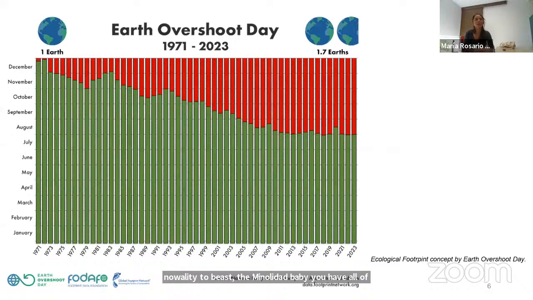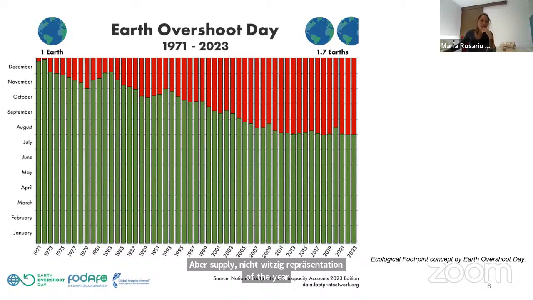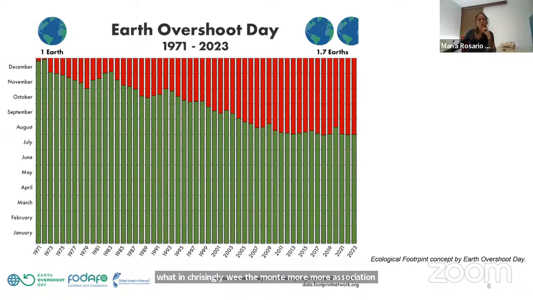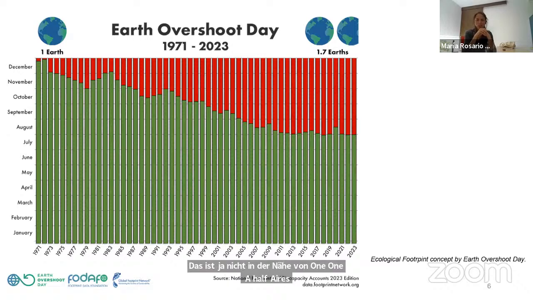I found it interesting to share this graph developed by Earth Overshoot Day, which tries to represent the amount of land and resources needed to meet human needs at a global level. It shows that in the 70s we were reaching our supply need within the possibilities of the Earth, but increasingly we demand more resources than our Earth is able to provide, reaching the point that last year we needed more than 1.5 planet Earths to provide the resources for our consumption.